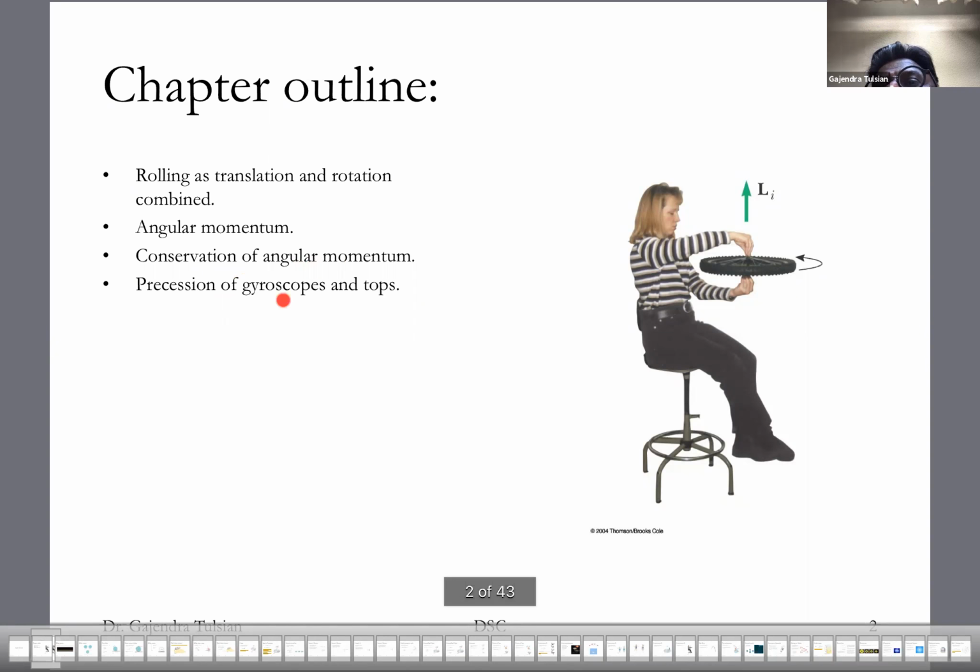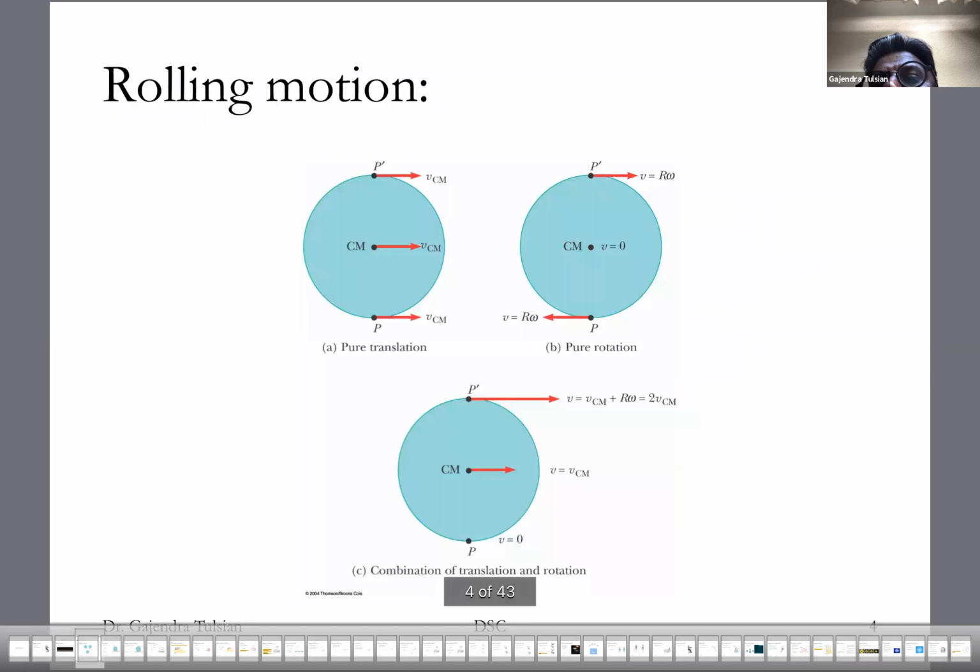And we'll look at some fun toys like gyroscopes. Okay, so let's start with rolling motion.